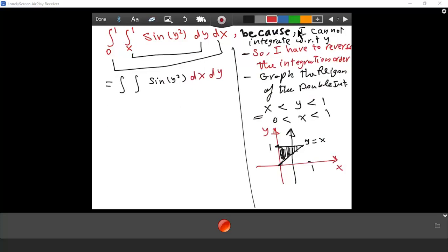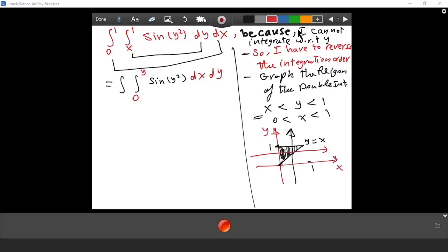What is the value of x? How to find the value of x from this region? You go from the left to the right. When you come from the left, you hit the y-axis first. On the y-axis, x equals 0, right? So x equals 0, and then you end up with this line. You are lucky because y equals x. So x equals y.